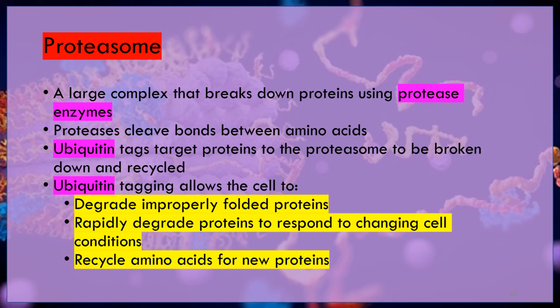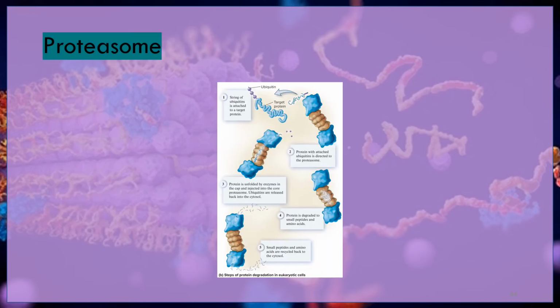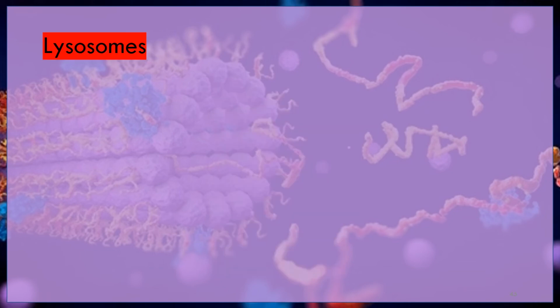This ubiquitin tagging allows the cell to degrade improperly folded proteins, rapidly degrade proteins to respond to changing cell conditions, and recycle amino acids for new proteins. And we'll be going over this enzyme when we go over the electron transport chain. Here it shows it in a five-step process, which we have talked about already.